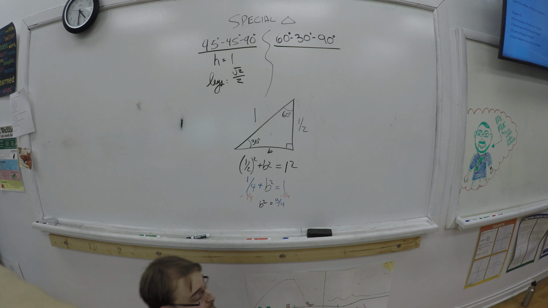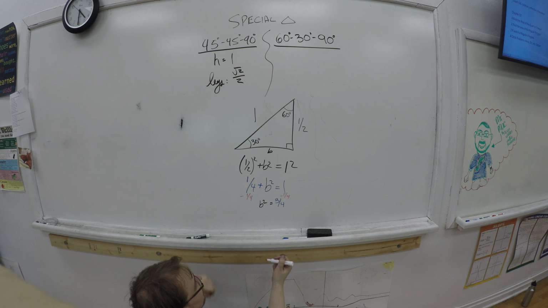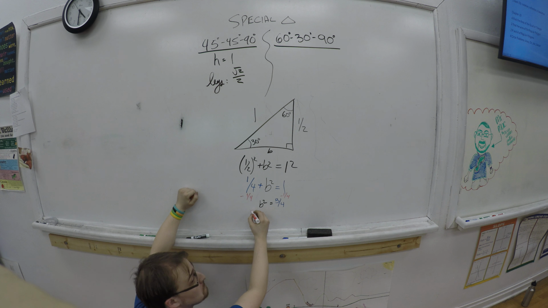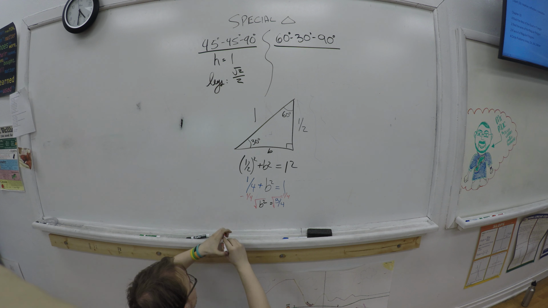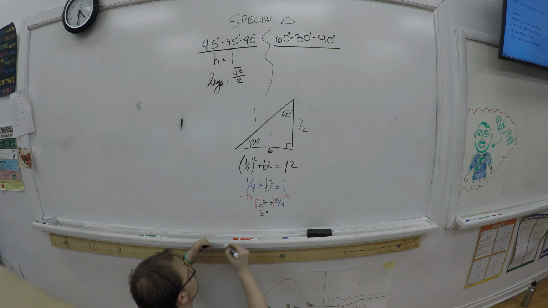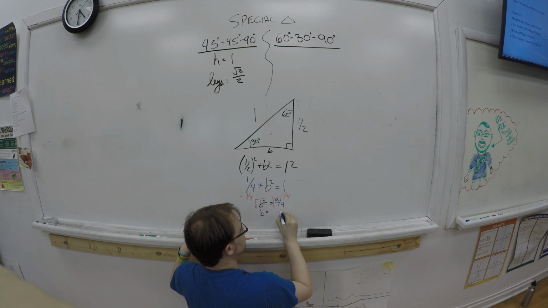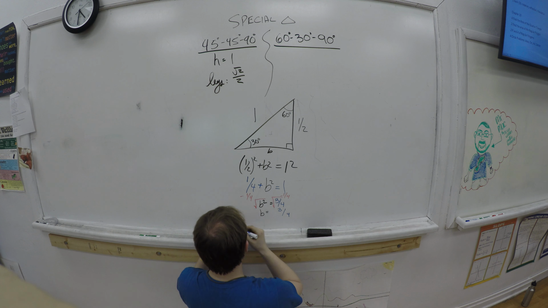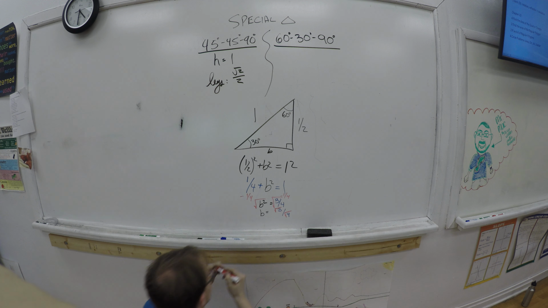Now we've got to figure out what B is, because we don't want B squared, we want regular old B. In order to do that, we need to do what? Square root both sides, right? Square root and a square cancel out, and we're left with B. And I told you this thing, when we have fractions and square roots, this is the same thing as this: 3 and 4, both of them with a square root over the top of them. What does that simplify to?